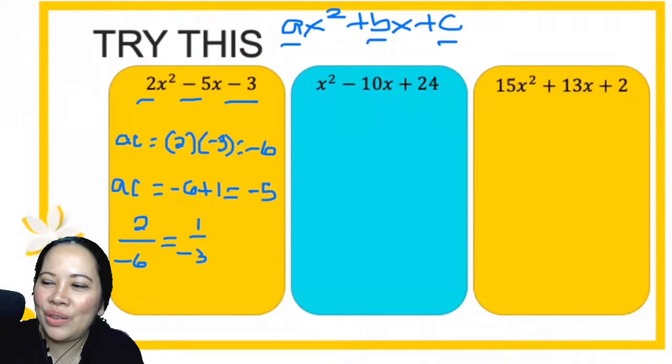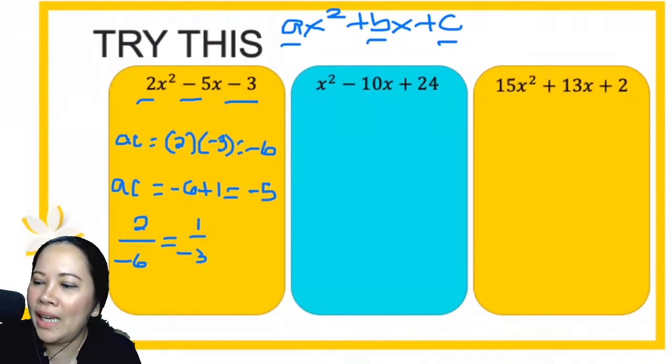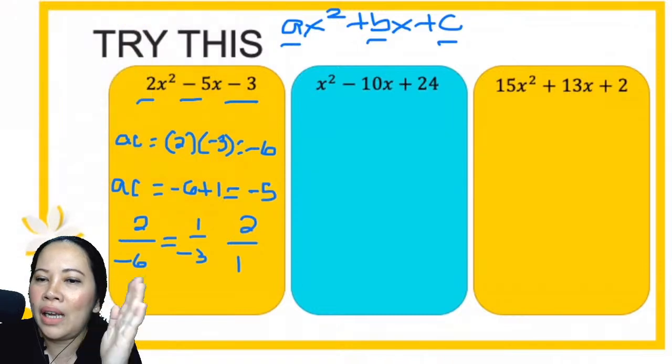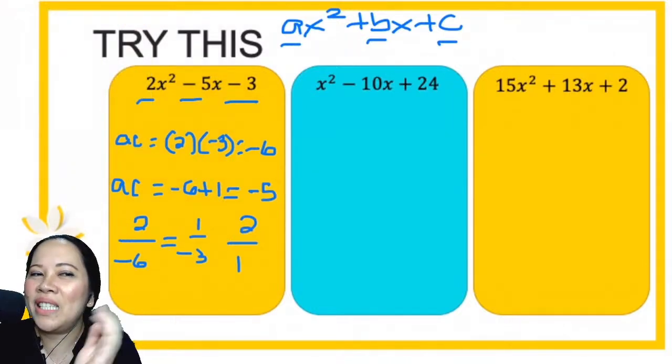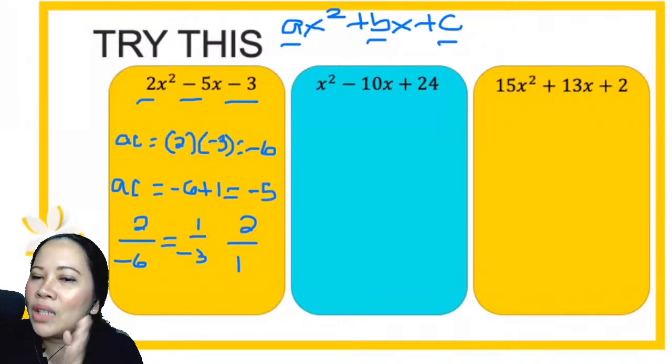Not 3 and 2. So it will be 1 and negative 3, and then 2 divided by 1, because that's the second one, right? That's why I don't recommend this method. Sorry. Because it's a bit confusing, but it's actually easy. It's just a bit confusing.